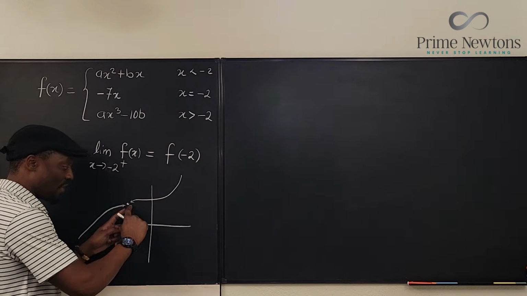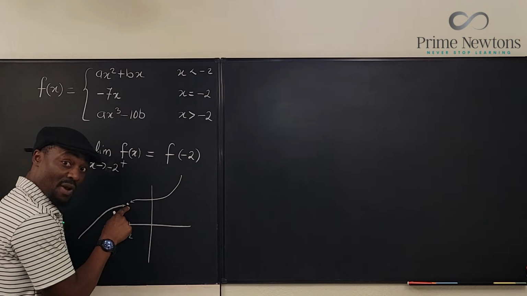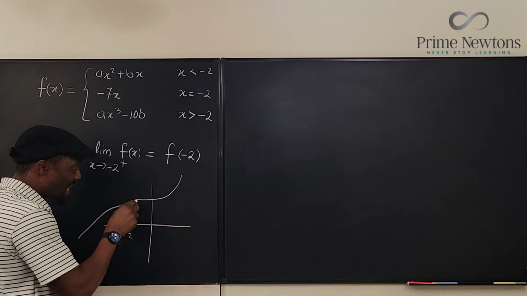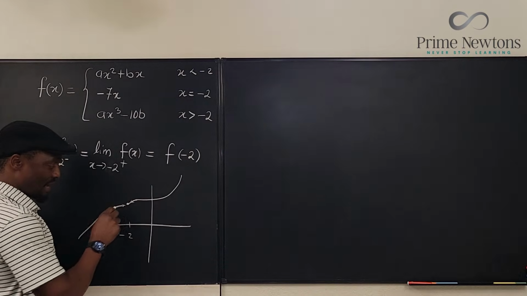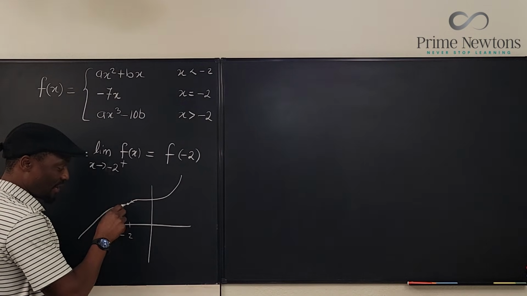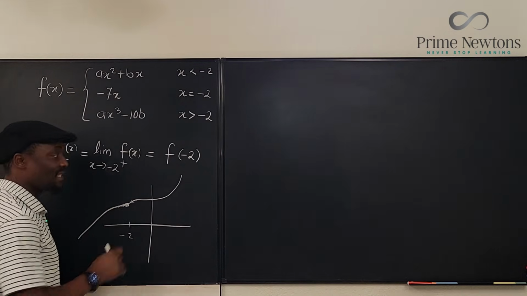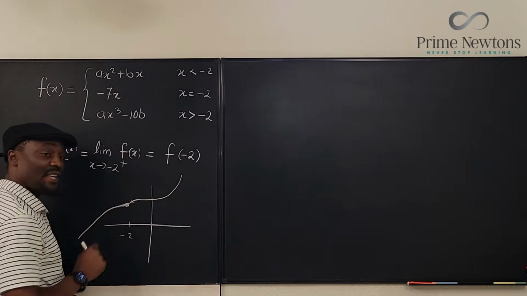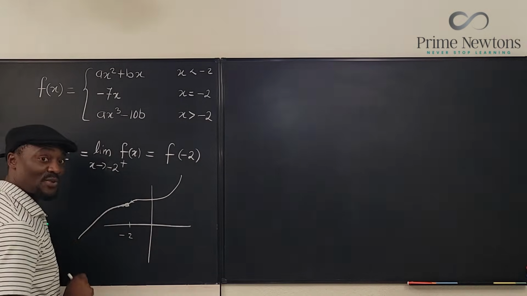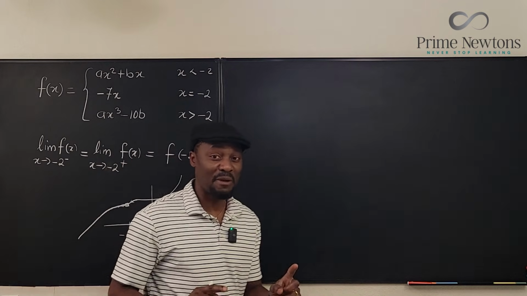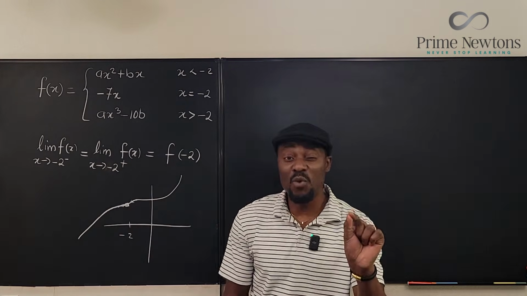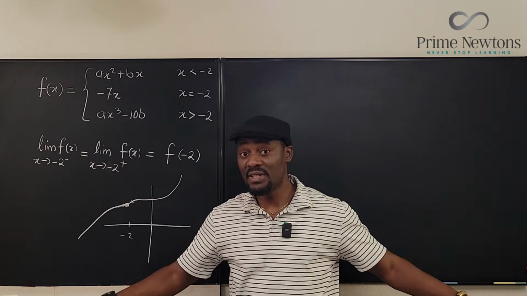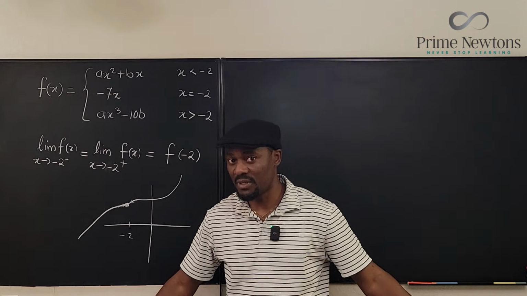If both of them are not coming into this direction, then the function is not continuous. And they have to actually come very close, and then the function has to exist at that point. So this has to exist, this has to exist, this has to exist, and all three of them must be equal. If one of them is not equal to the other two, the function is not continuous.